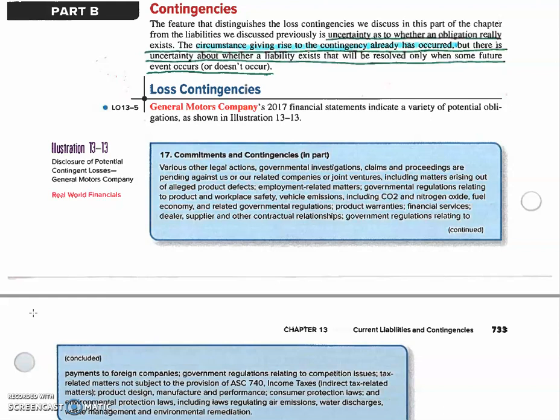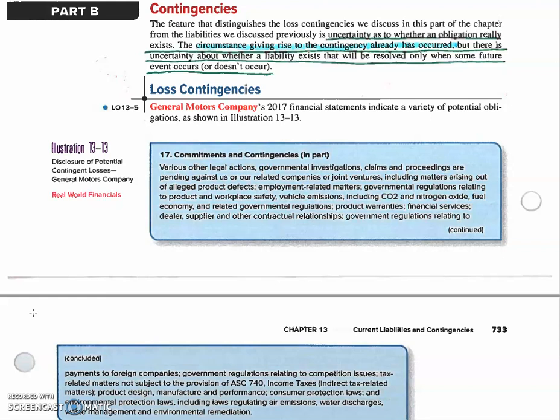Well, they're all over the place. A lawsuit is an obvious one where someone has sued you. Do you have a liability? Well, the answer is, did it occur from some past event? Well, if the answer is yes, and usually if you're being sued, there is some past event that gave rise to that.